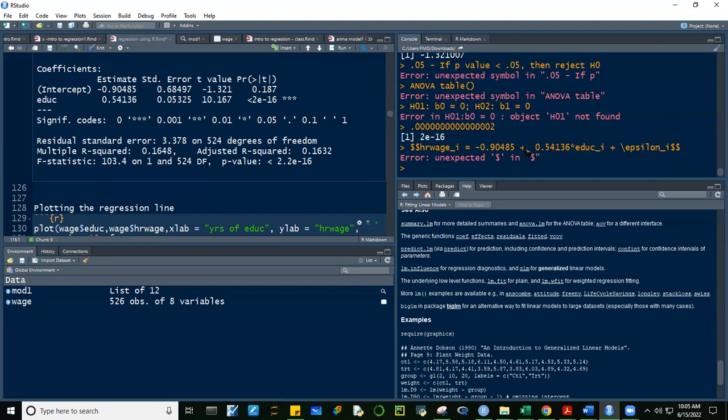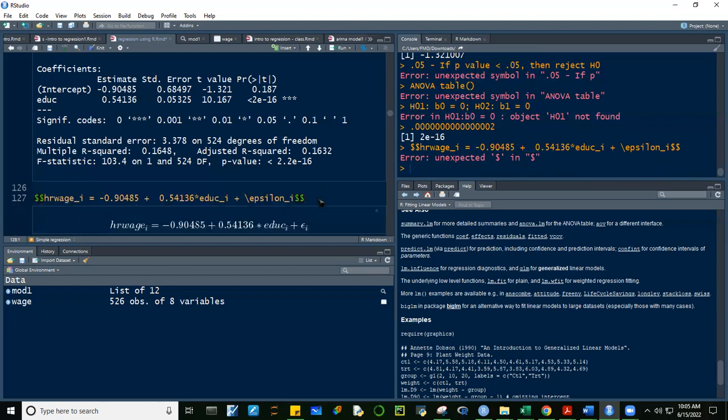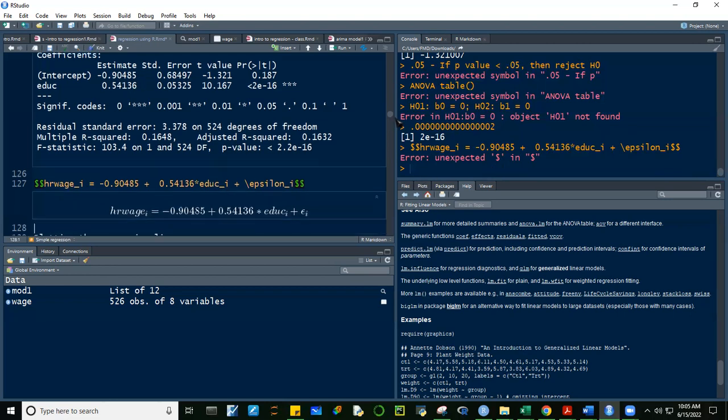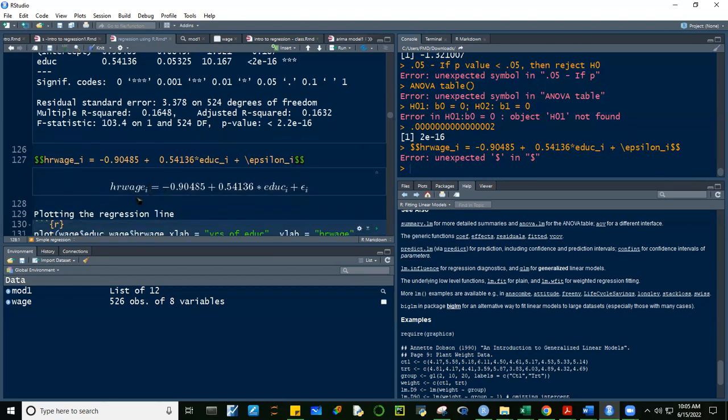Error unexpected dollar. So, let me run it here. Okay. Hindi siya nag-run dito sa console. Okay, so this is our equation, guys, our regression equation.